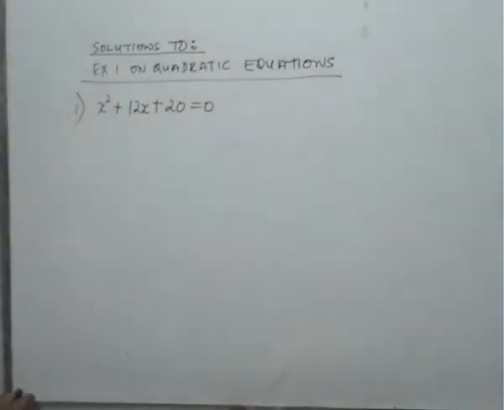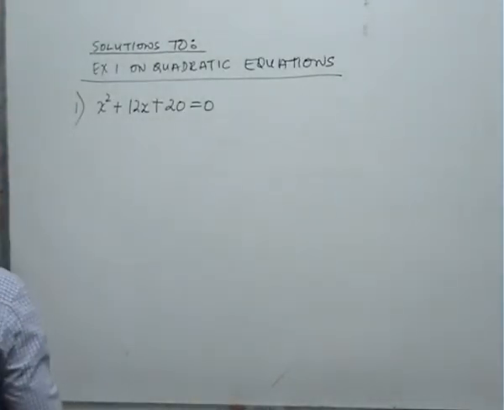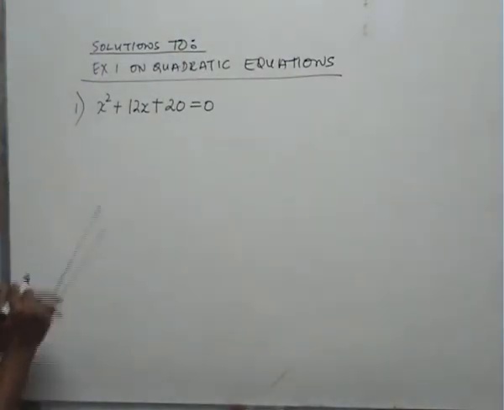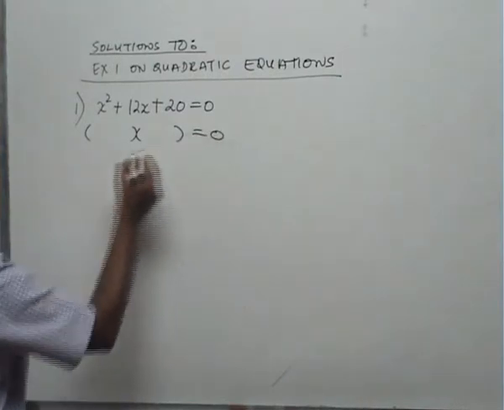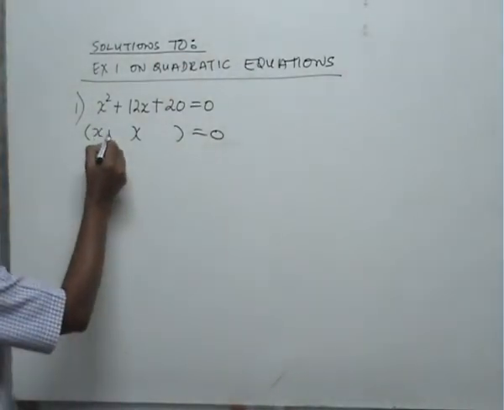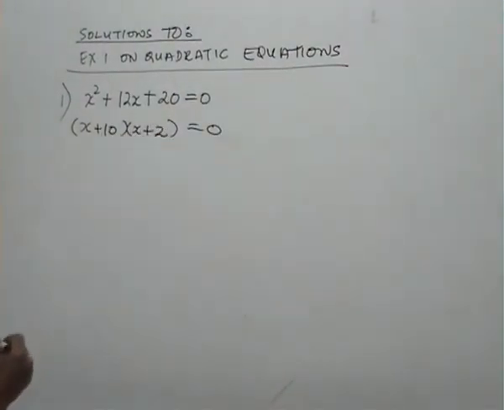Here are the solutions to exercise 1 on quadratic equations. Firstly, this equation is in standard form, so we can straight away factorize. And when you factorize this, you get x plus 10 into x plus 2.